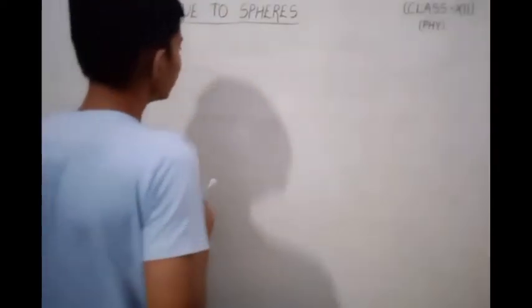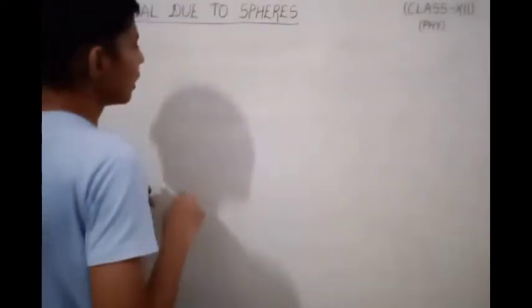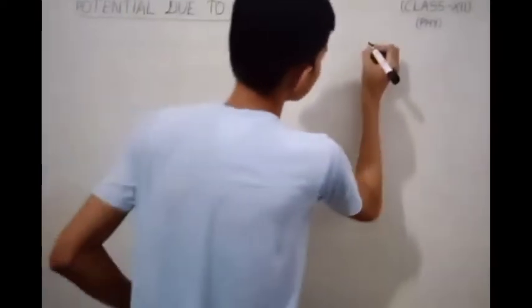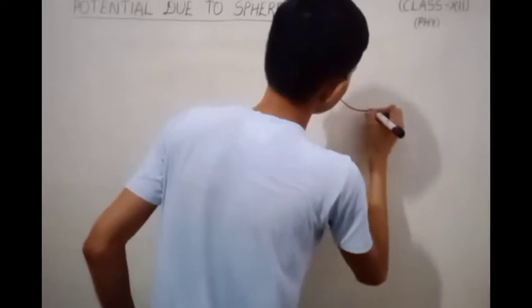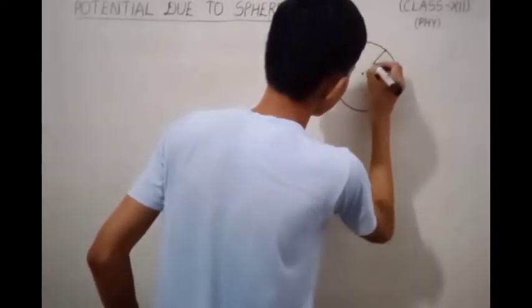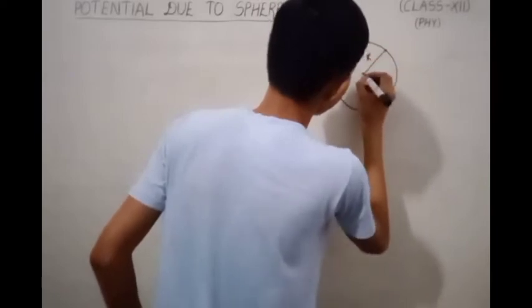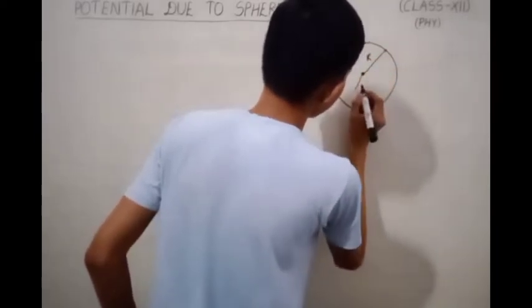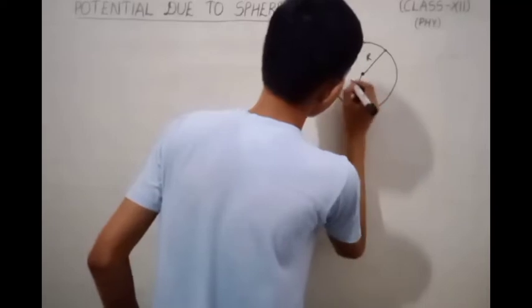Now suppose we are asked to find the potential at a point inside the sphere. This is our sphere. This is the center. This is radius R. We have to find the potential at a point Q which is at distance r from the center.